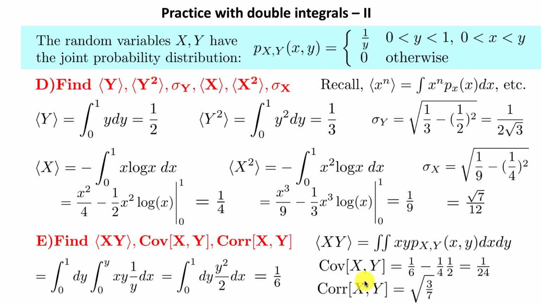And now the correlation of x and y is this 1 over 24 divided by sigma_x multiplied by sigma_y. Work that out, and that's square root of 3 over 7, a positive number, which means that x and y are positively correlated for this joint probability distribution function.